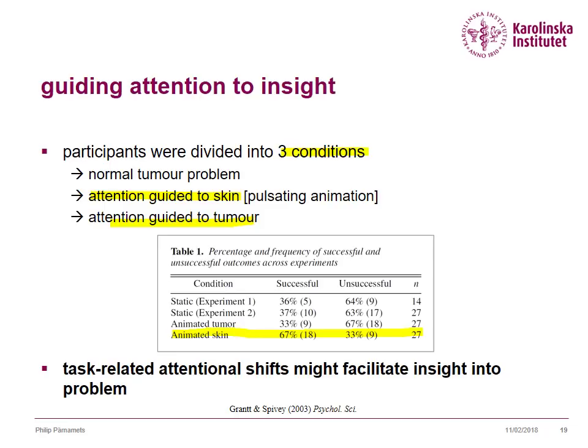So more participants solved the tumor problem when their attention was guided in this manipulative way to the bit of the problem which is supposed to give an insight into solving the tumor problem. So the important lesson that was drawn from this research is that task-related attentional shifts might facilitate insight into the problem.